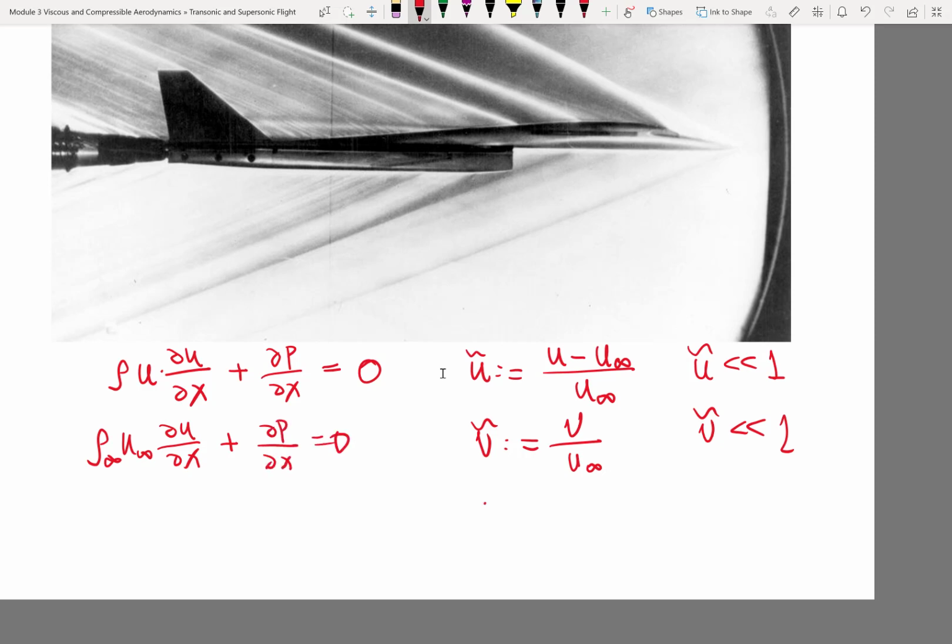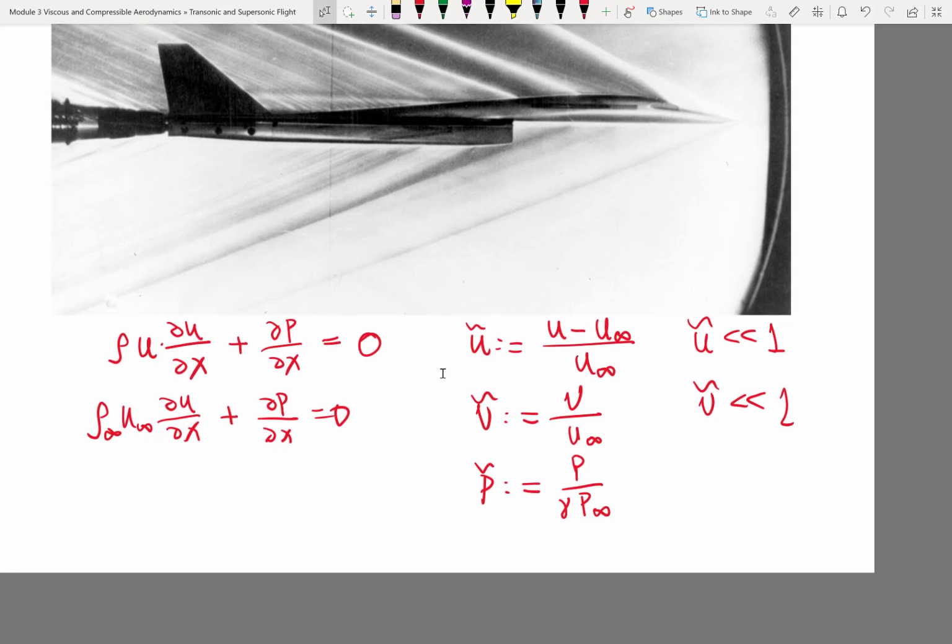So here we also just do a non-dimensionalization of p tilde. So p tilde is going to be p divided by p infinity. I'm going to divide it by a further factor of 1.4, just because the equation I end up getting is going to be a lot prettier if I do this. Okay, so once I do that non-dimensionalization, what I can do is divide by another u infinity on both sides.